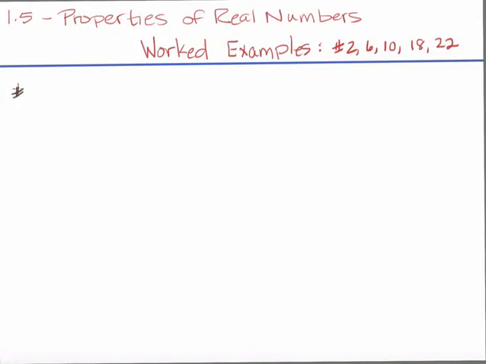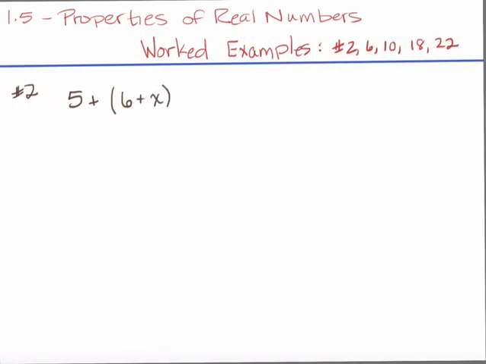Here's number 2. The instructions for this part say, use the associative property to rewrite each of the following expressions and then simplify the results. The expression in number 2 is 5 plus 6 plus x.